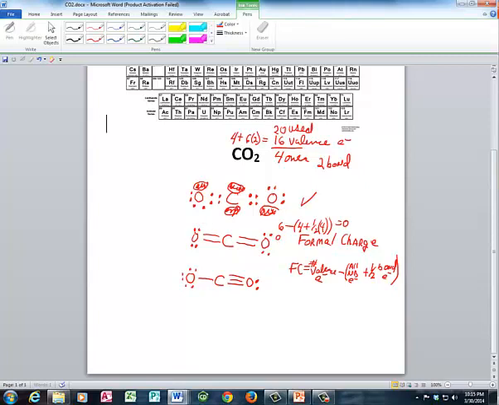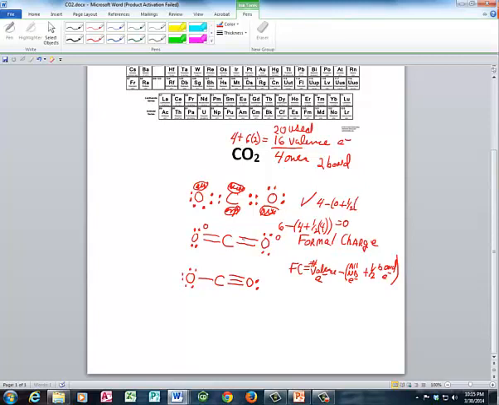If we go over to this oxygen, it has exactly the same structure as this oxygen, so its formal charge will also be 0. The carbon in this case has 4 valence electrons. It has no non-bonding electrons, so that's 0 plus 1/2 of the bonding electrons.